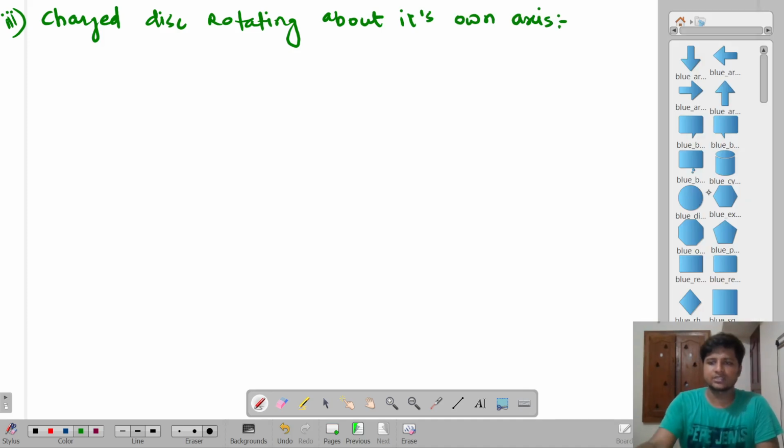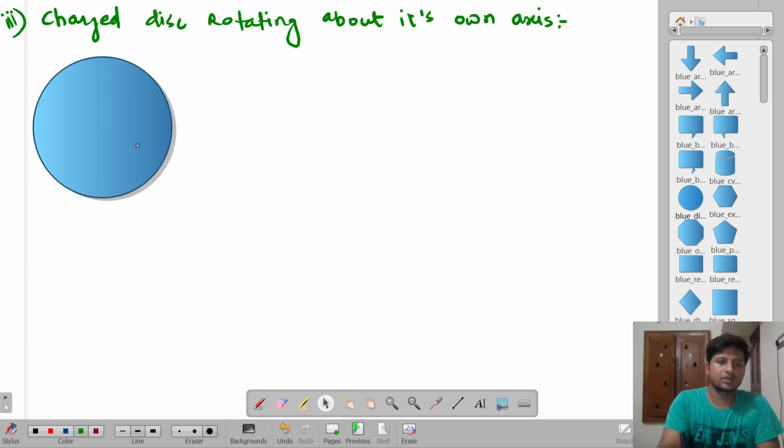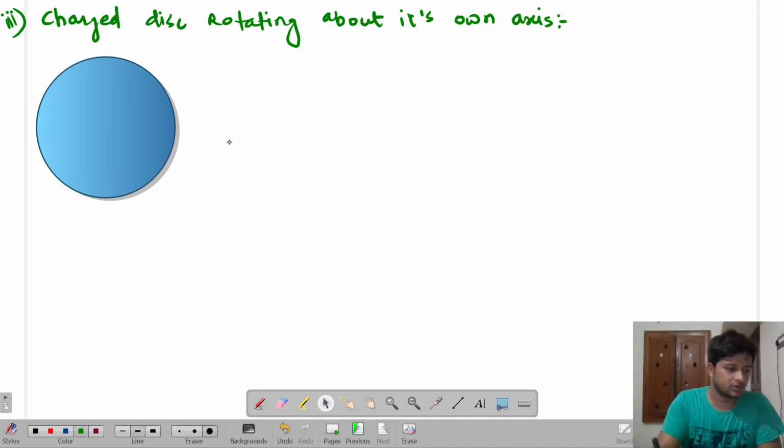So let's say there is a charged disk I have, and it's rotating about its own axis.